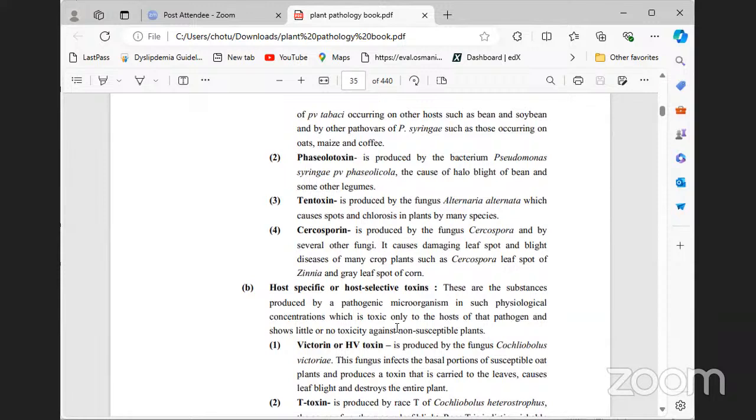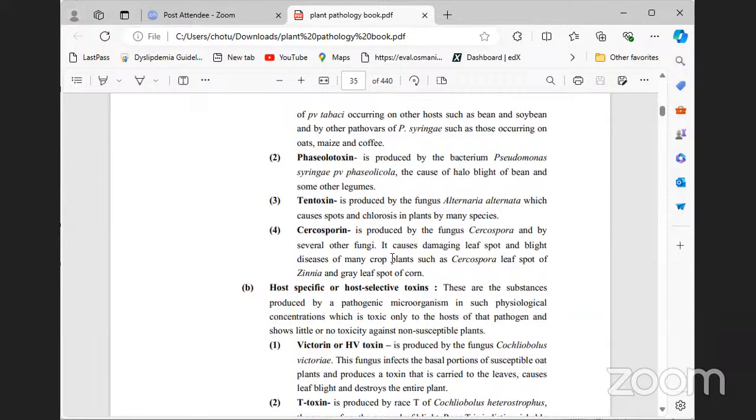These fungi, Cercospora and several other fungi, cause damaging leaf spot and blight diseases of many crop plants, such as Cercospora leaf spot of beet and gray leaf spot of corn, and Cercospora personata leaf spot, or tikka disease. These are the examples for cercosporin.